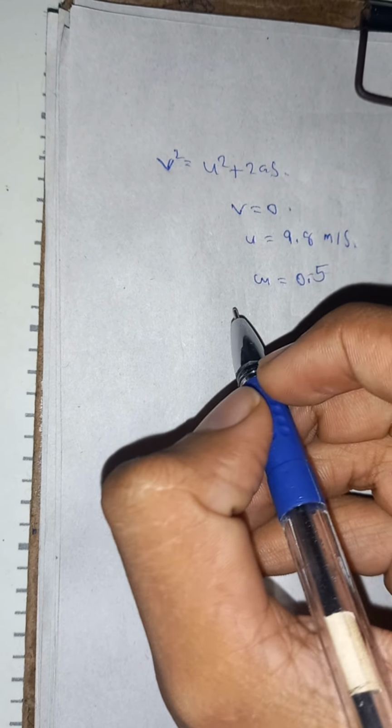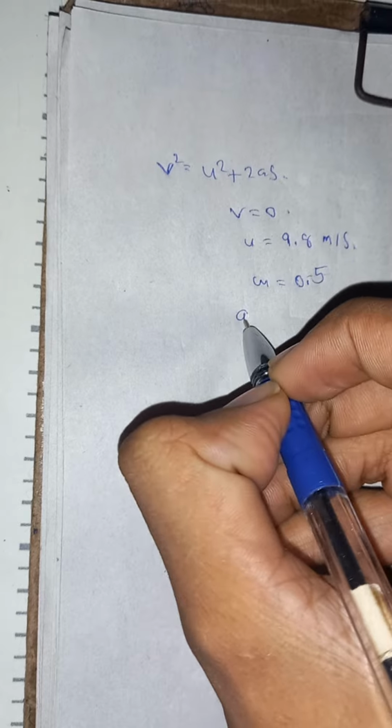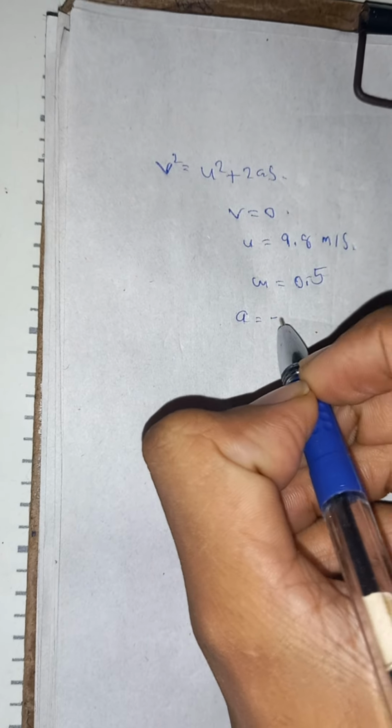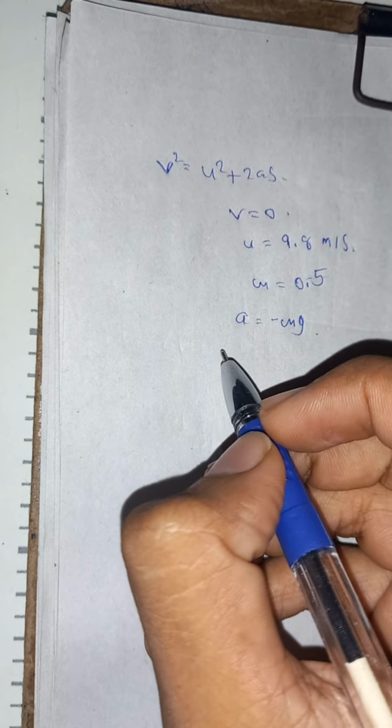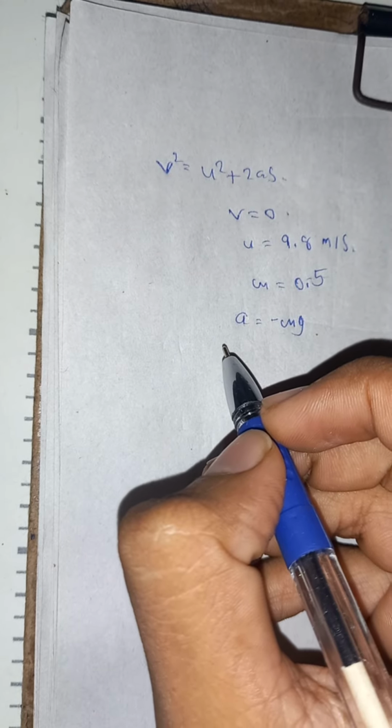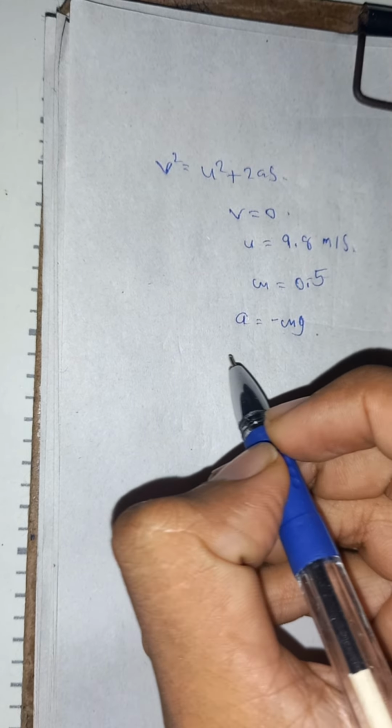Then acceleration of the particle is minus mu g. We can substitute all the values in the equation.